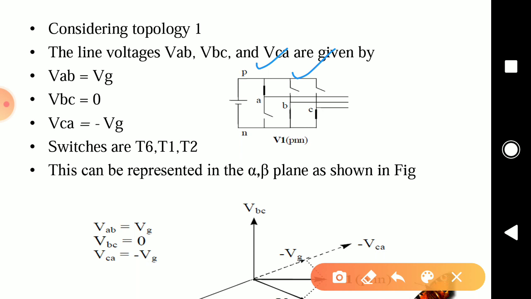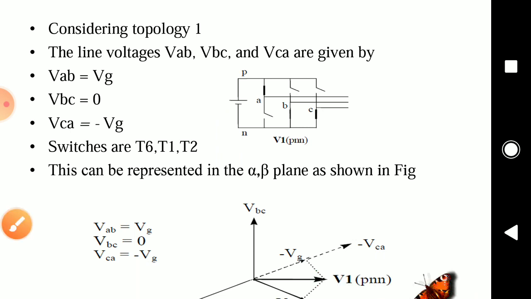In the second leg, N is on. So you have the voltage starting from here. The positive is going to A and it is returning back to B and going back. So VAB will be equal to VG. That is, whatever the supply voltage was, VG, the supply voltage itself you are getting as the output.